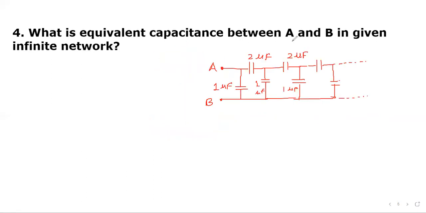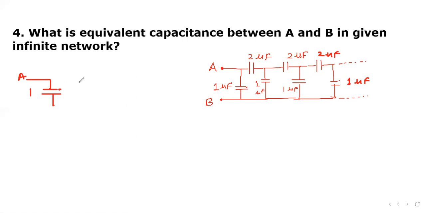What is equivalent capacitance between A and B in given network? Here, this is infinite network. So this is 1 microfarad, this is 2 microfarad, then 1 microfarad, then 2 microfarad, this is 2 microfarad, then this is 1 microfarad, and so on. So we assume equivalent capacitance as C. So we can write it like this: this is point A, and then this one we are going to write here.